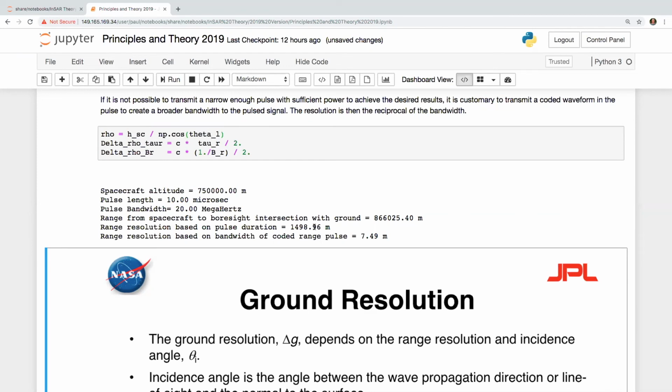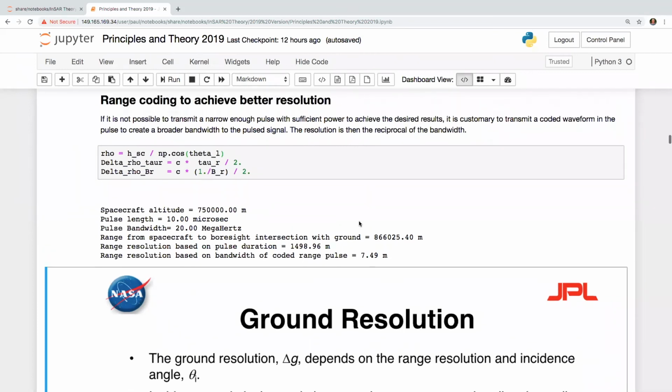So you're not getting very good resolution if you rely on these typical radar pulse durations in and of themselves. However, if you put onto that a waveform coding that has a 20 megahertz bandwidth, then you can get a resolution of around 7.5 meters. So this is why range coding is very important to do. And again, the other notebook goes into it in greater detail if you're interested.